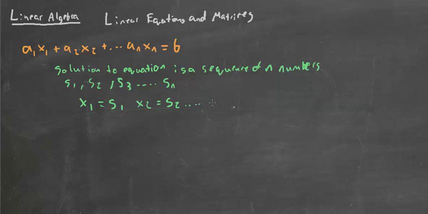Alright, so a couple of important things you're going to need to know. When we have a value for b, and when the system has no solution, b is said to be inconsistent, or the system is inconsistent.